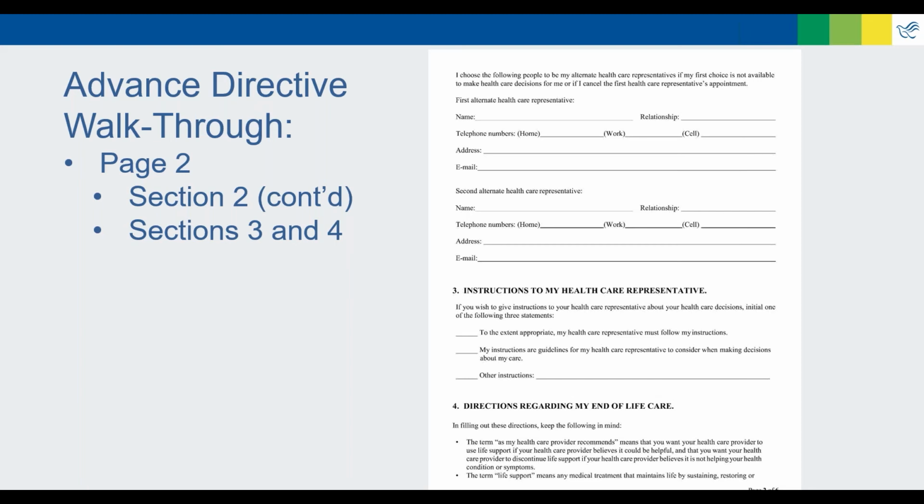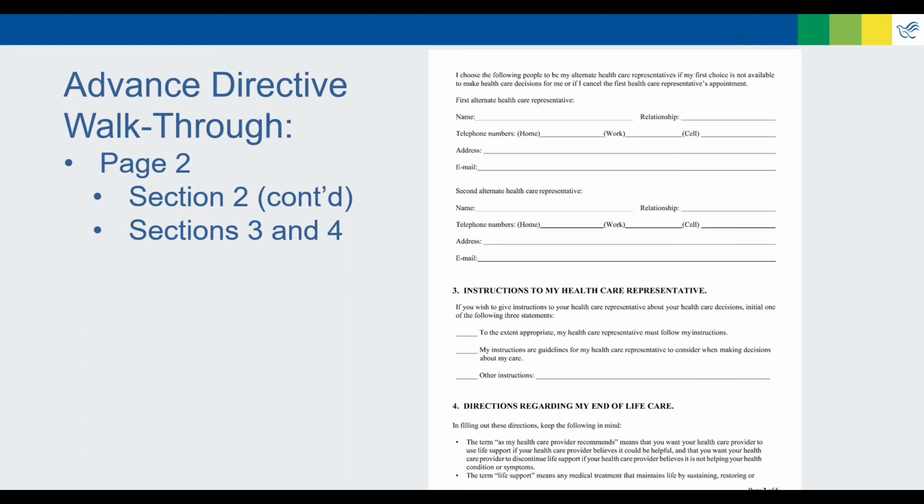That's the first line that you could initial, or you could initial, my instructions are guidelines for my healthcare representative to consider when making decisions about my care. So you can specify, are your instructions to be followed as strictly as possible, or are they simply guidelines for the healthcare representative?